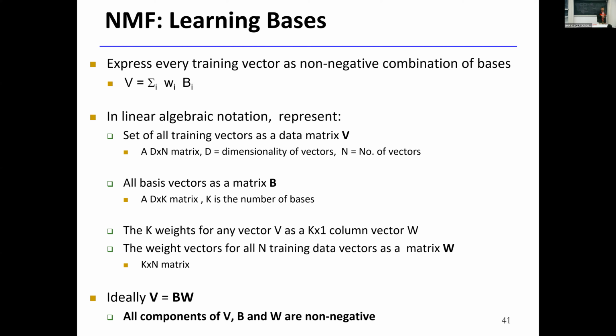The columns of this matrix are my bases. And consequently, what will the size of my weight matrix be? K cross N, right? So all the basis vectors are in matrix B, and so the weight matrix is going to be K cross N. And ideally, V should be exactly equal to B times W. That means I have correctly composed every vector in my training data, right?